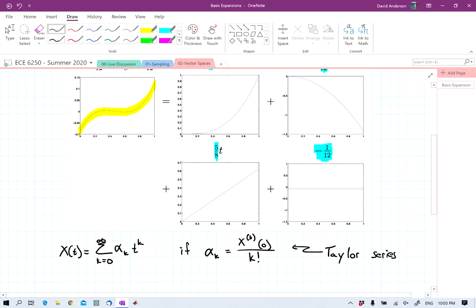So we can use other examples. This isn't the only one.